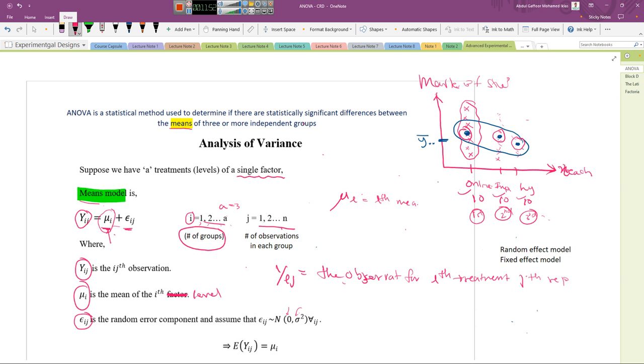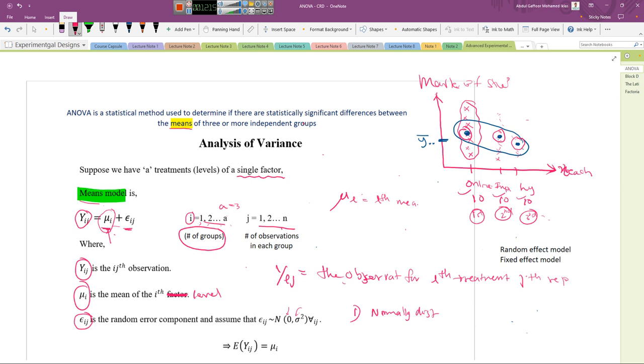This is the main assumption for the error term in a statistical model. We have some assumptions for the error term. The first one is that the error term is normally distributed, and in a normal distribution the parameters are mu and sigma squared.